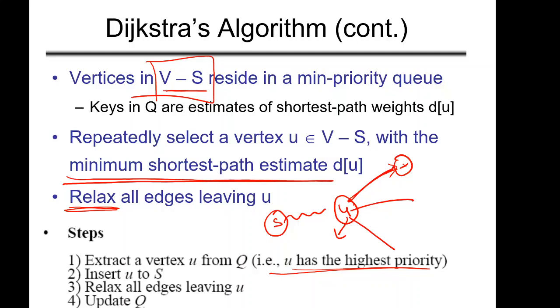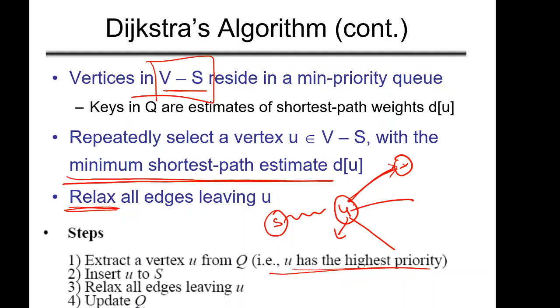Set S is the set of all the vertices for which we have already found the shortest path weight. Then we will relax all the edges leaving u, and then we will update Q. We will remove u from Q, and if applicable, we will decrease the key value, or estimated minimum shortest path value, for the vertices which are adjacent to u, right?